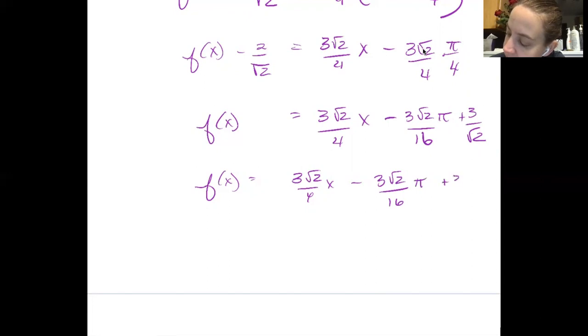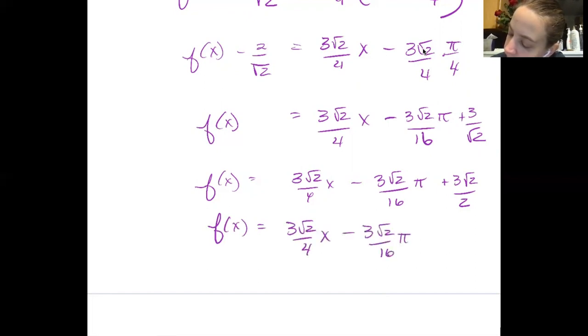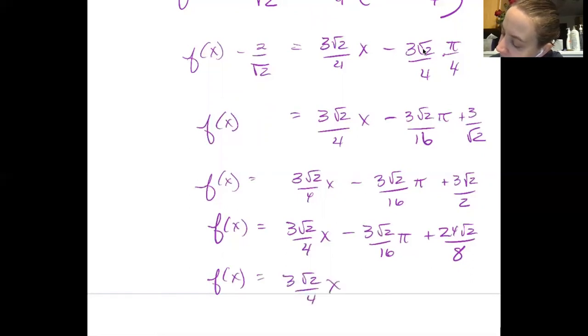This would be 3 root 2 over 2. I could make this a common denominator. If I need an 8, so 24 root 2 over 8. And then it would look kind of funny. But you could put them together.